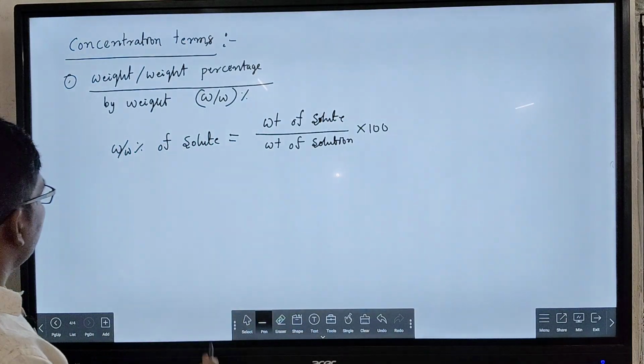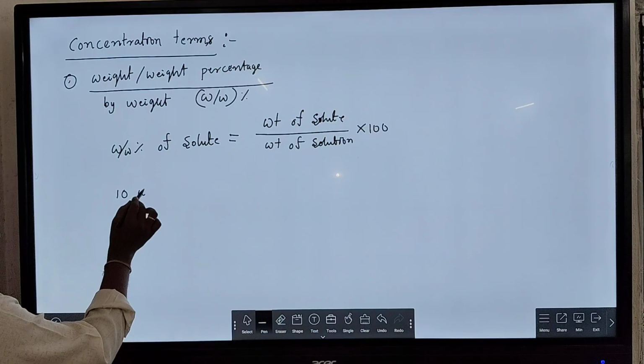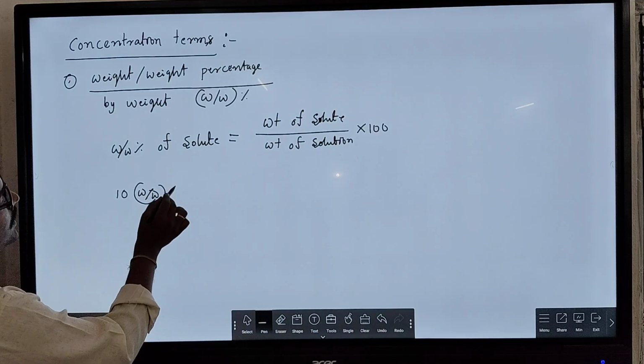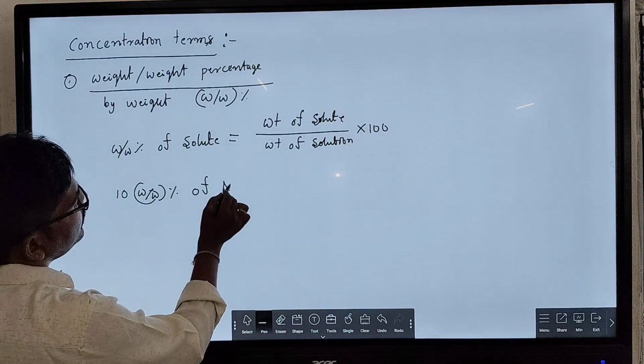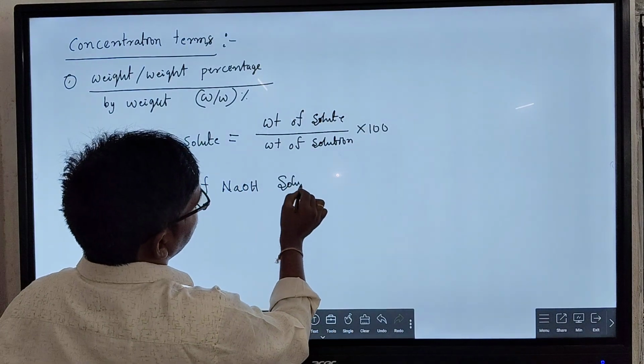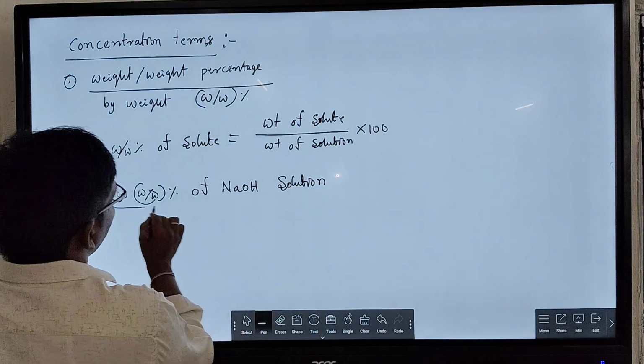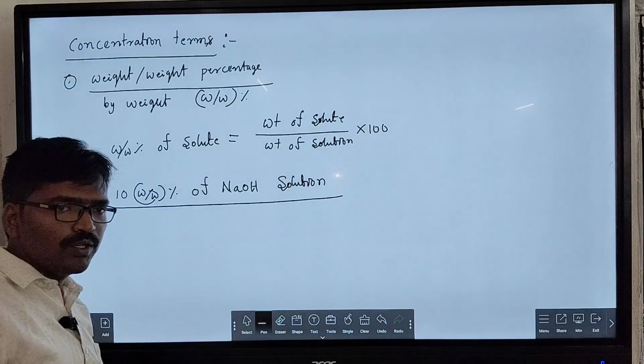Now, in case the statement gives 10 weight by weight percentage of NaOH solution, what does it mean? What is the meaning of 10 weight by weight percentage of NaOH solution?